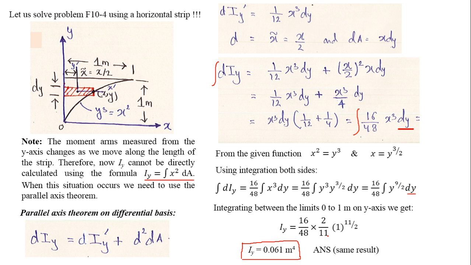But if you have selected a horizontal strip, then your work can become tricky, because you have to use the parallel axis theorem, and you have to be more careful in your calculations. So anyway, you have to go through both these procedures and notice the difference.